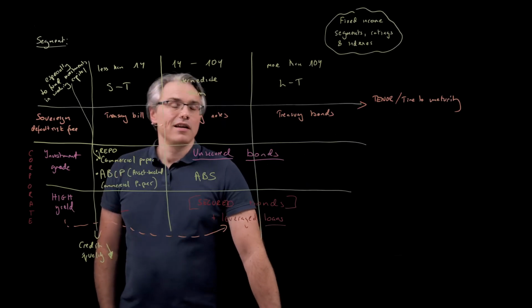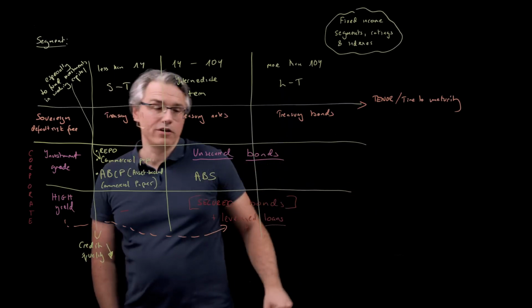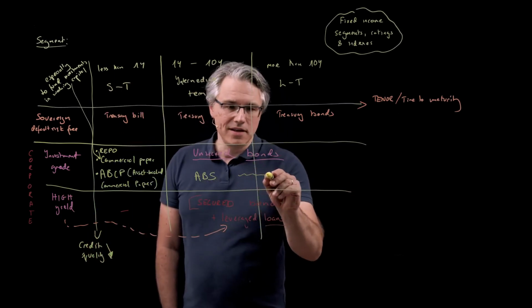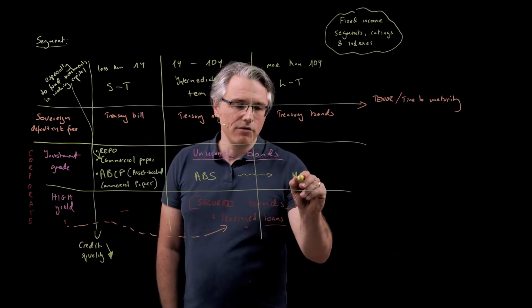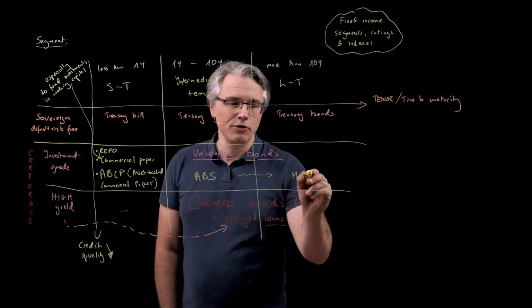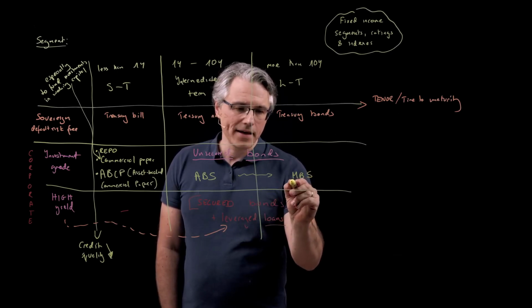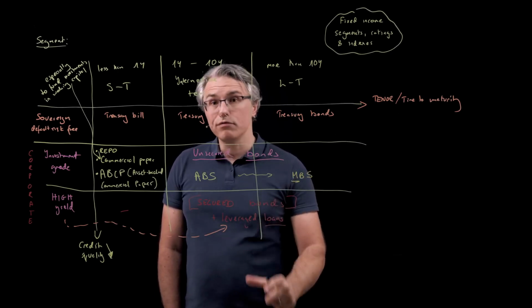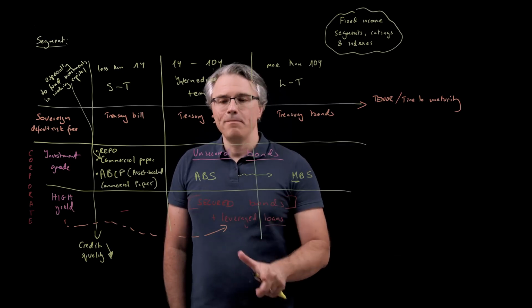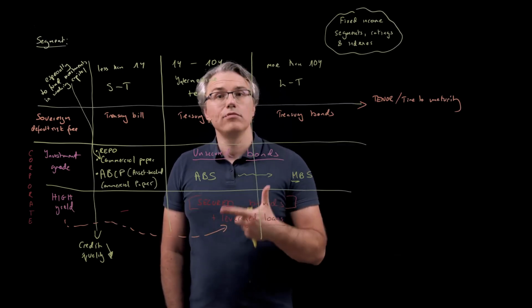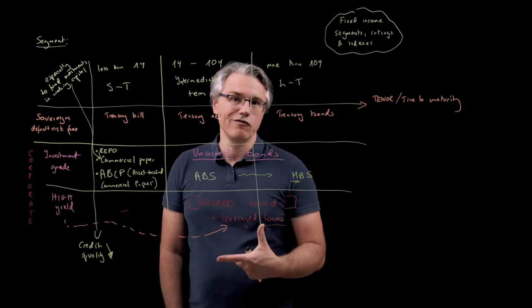In the case of securities issued for even a longer term, what you'll often see is that these merge into or get transformed into MBSs, where the backing is a pool of mortgage loans. Not just any other asset, but a collection of mortgage loans.